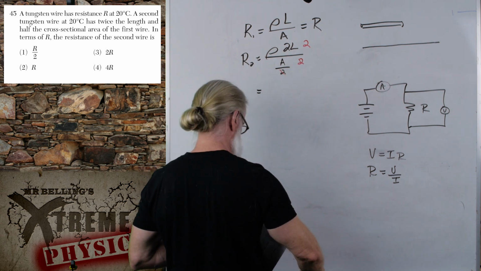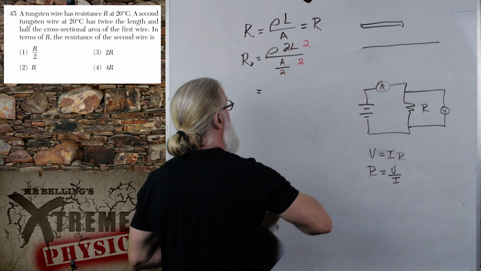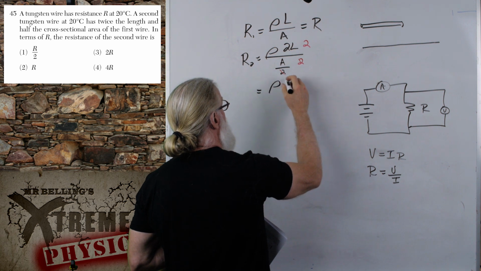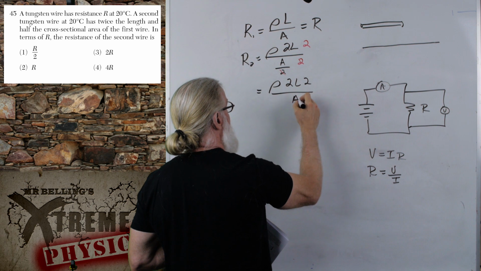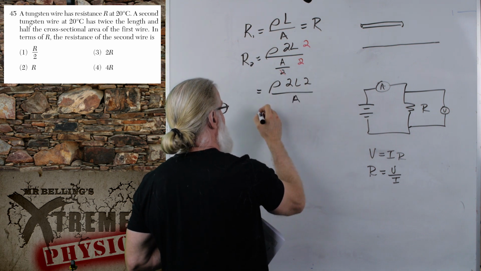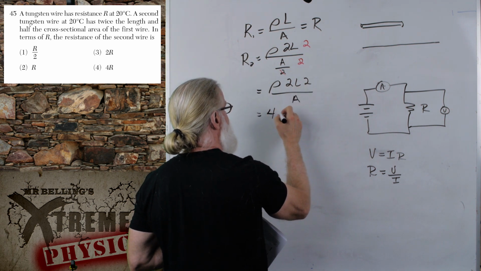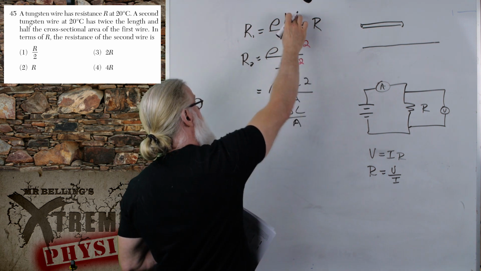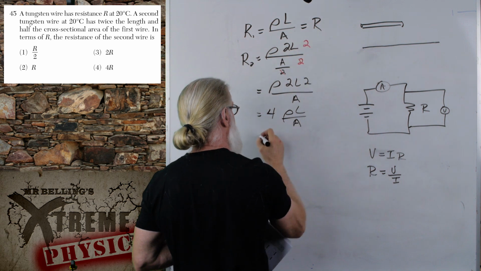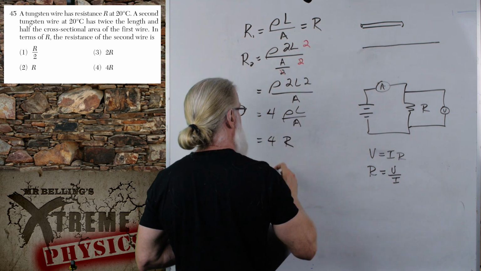And we end up with rho 2L times 2 divided by A. Well, let's multiply these together and factor those out. So that is 4 rho L over A. But what is rho L over A? Well, that's R. This is 4R.